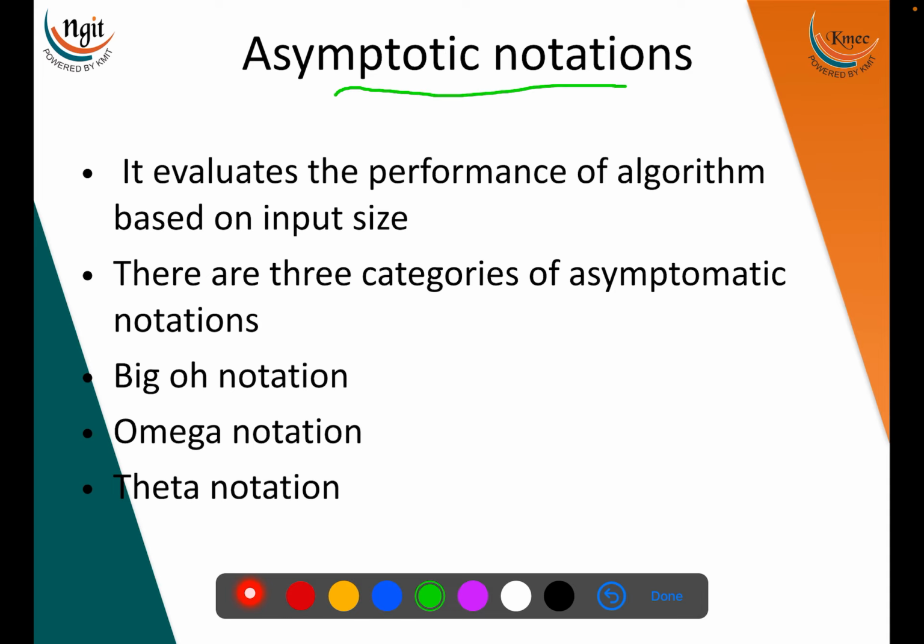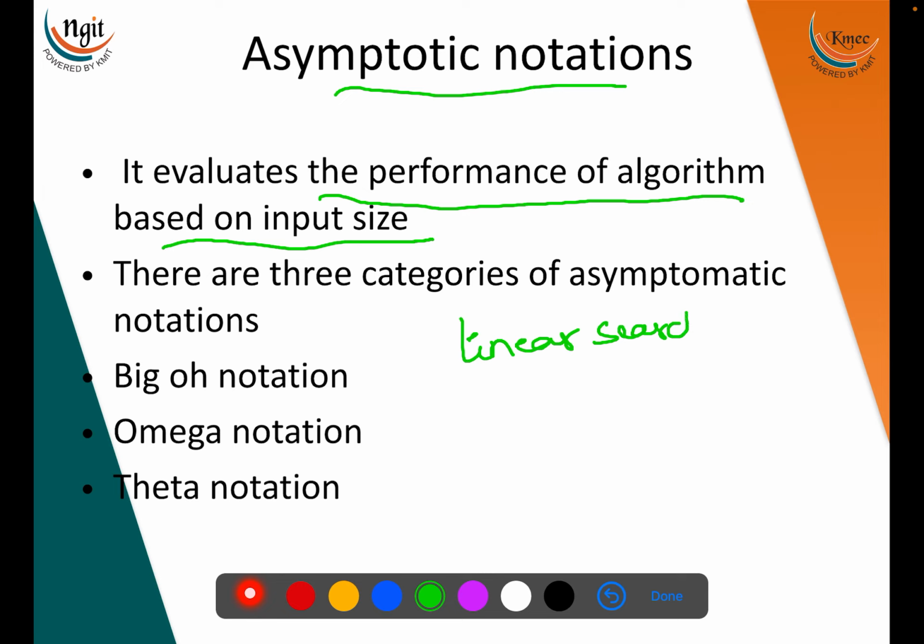This evaluates the performance of algorithms based on input size. Okay, I'll give an example. When you are performing a searching operation, assume that I am performing a linear search operation. So what is linear search?